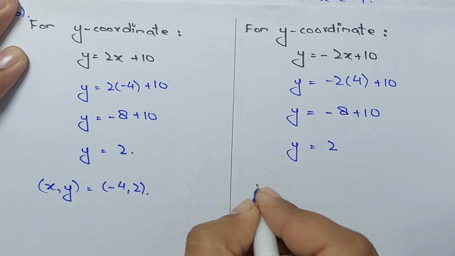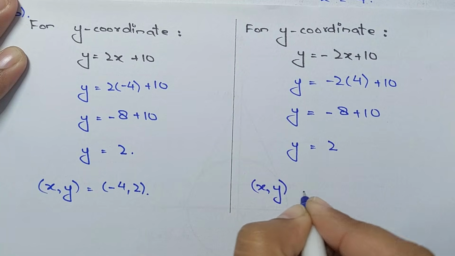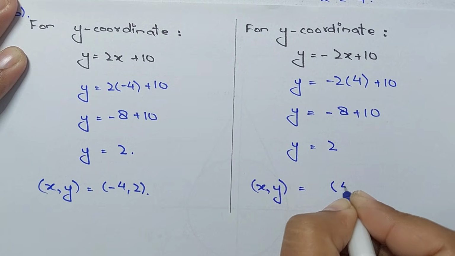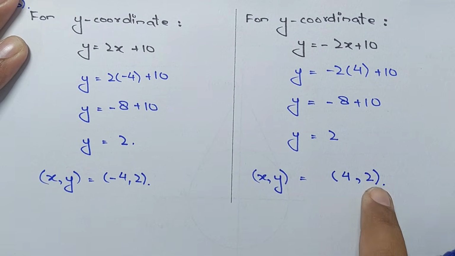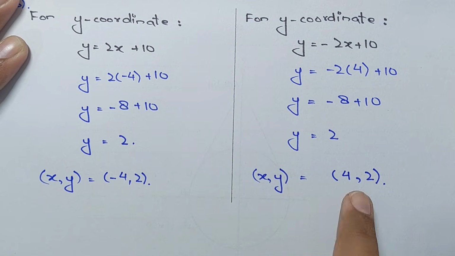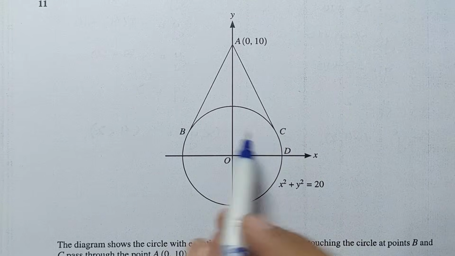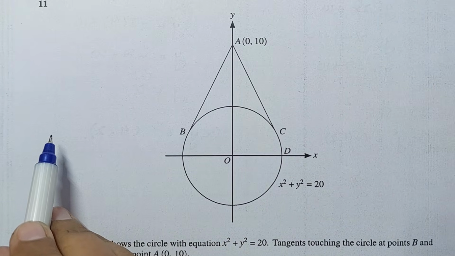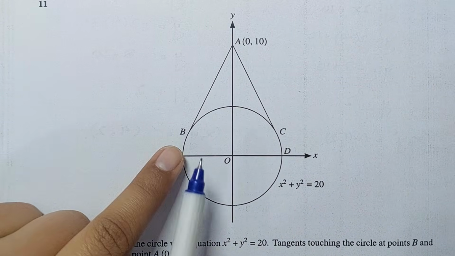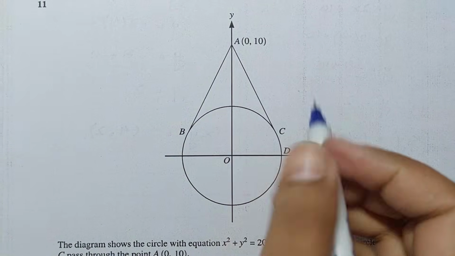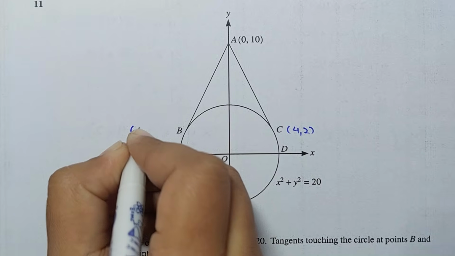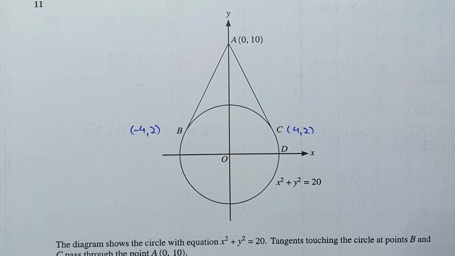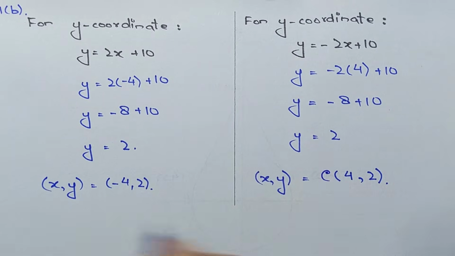Now the xy coordinates are 4 and 2. The y value is 2, the same, but the x values are minus 4 and positive 4. So the C coordinates are 4, 2 and the B coordinates are minus 4 and 2.